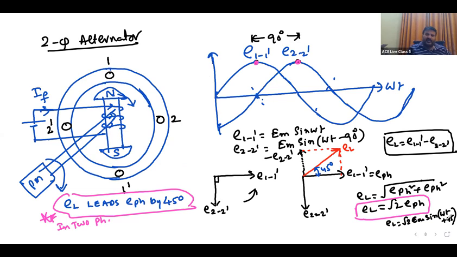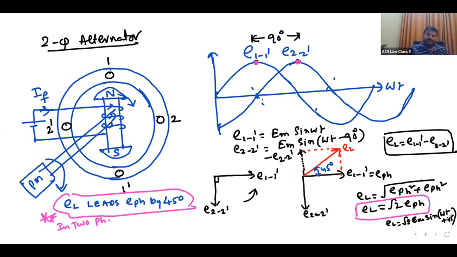If you take only one conductor, that will be 10 volts peak. Both taken together as a coil will be 20 volts peak. You treat it as a coil, or if you are interested only in one conductor, say E in 1, E in 2, no problem.